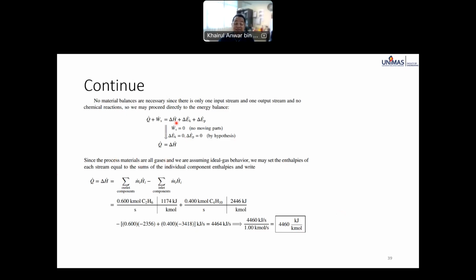The term left is Q equals delta H, as already said, since there is no potential energy or kinetic energy or shaft work.